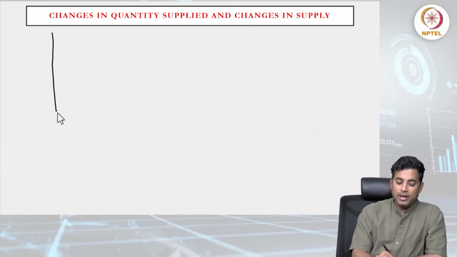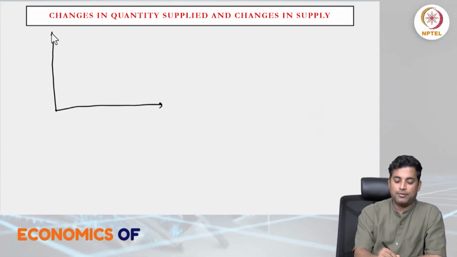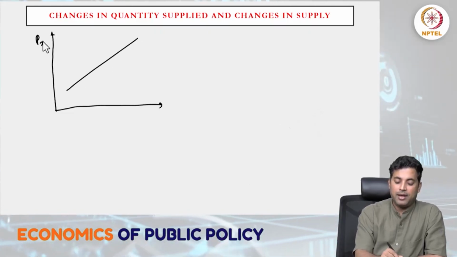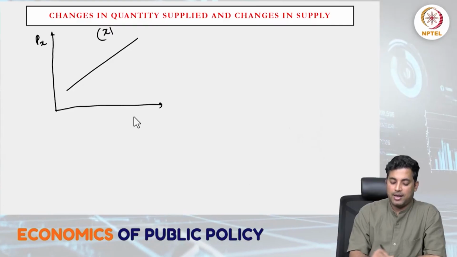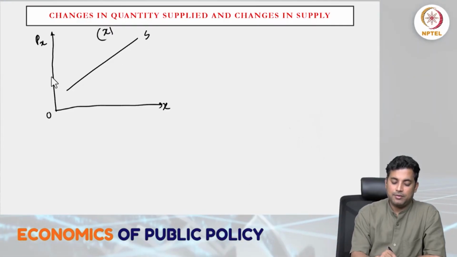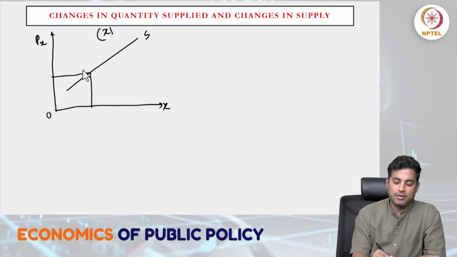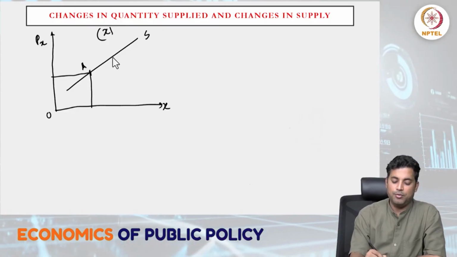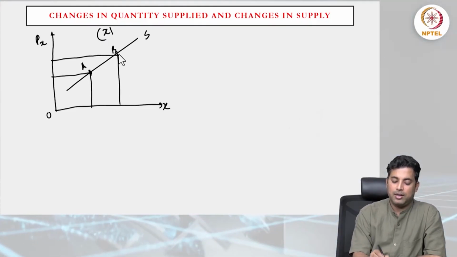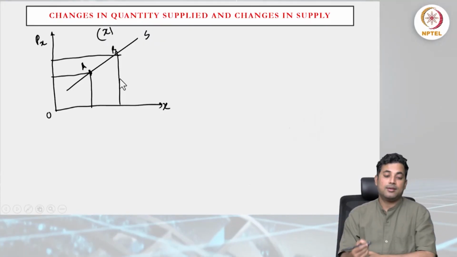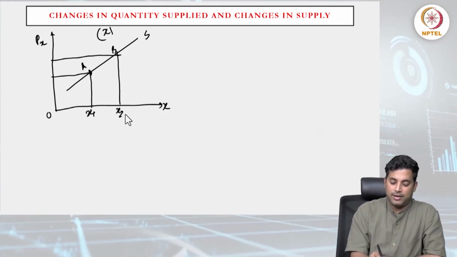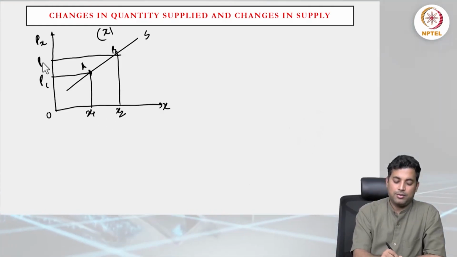Let's see what are changes in quantity supplied and changes in supply. The way we had shown in the case of demand, here also we have Px for the commodity X, and here X, and this is the supply curve. So if the point is moving from A to B, it is basically a change in quantity supplied, like say x1 to x2, and here p1 to p2.